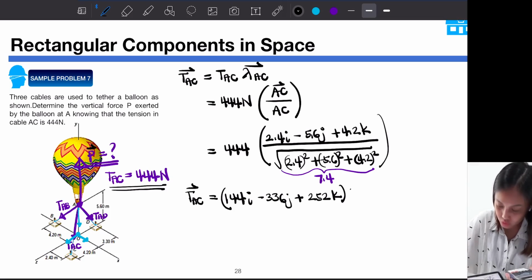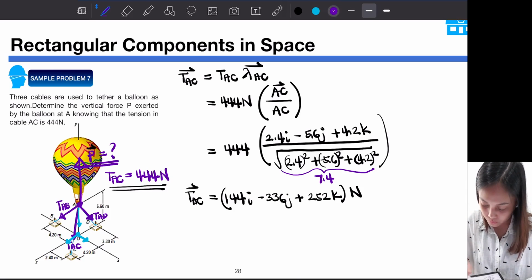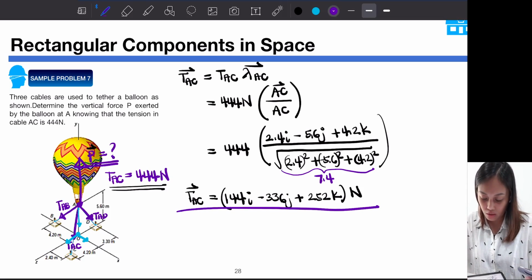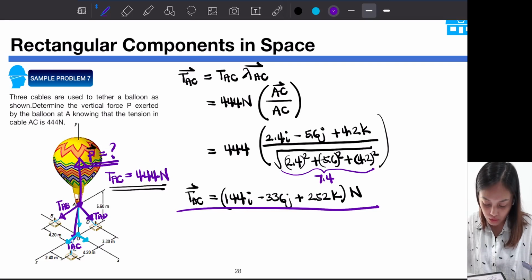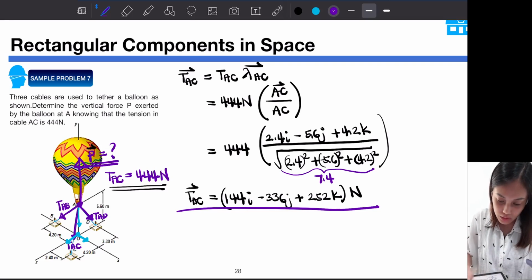This is Newton. So kani siya muni ato ang rectangular components of the force TAC.